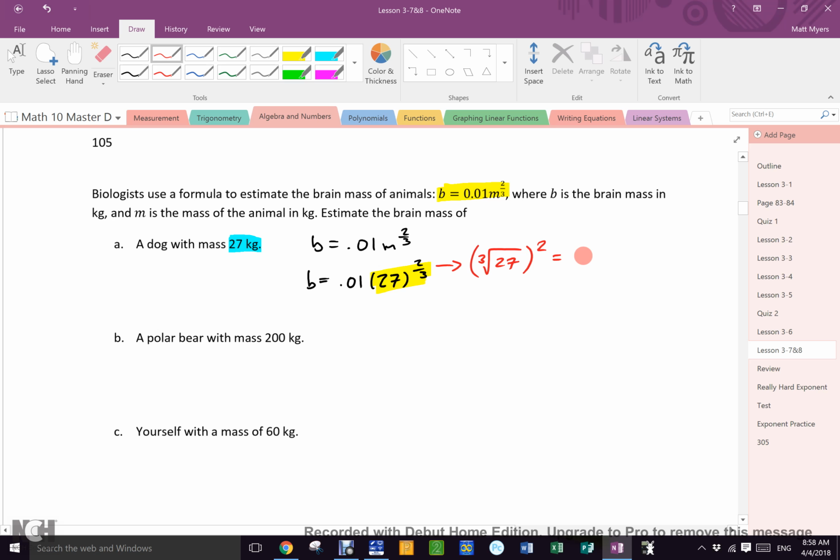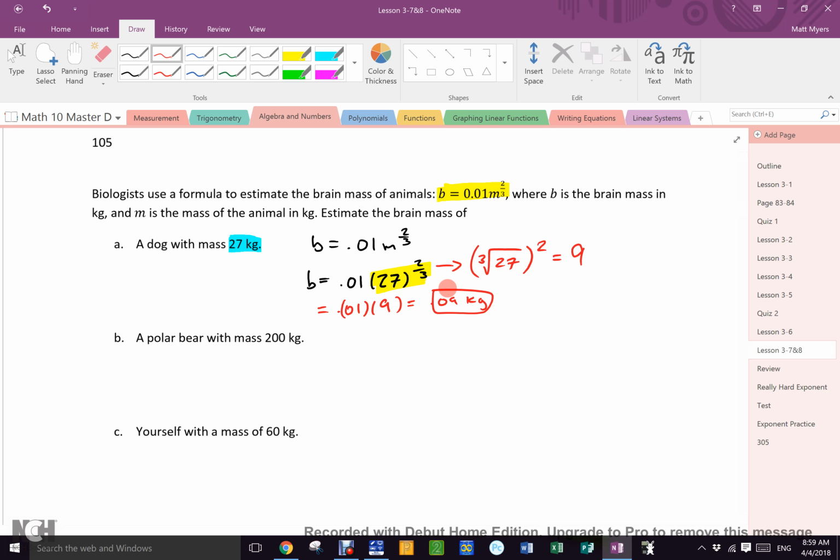Say it loud and proud. 3. What's 3 squared? 3 squared is not 6. 9. So the brain of a dog, we can estimate it to be 0.01 times 9. Right? So 0.09 kilograms. Everybody with me? We can do that without a calculator.